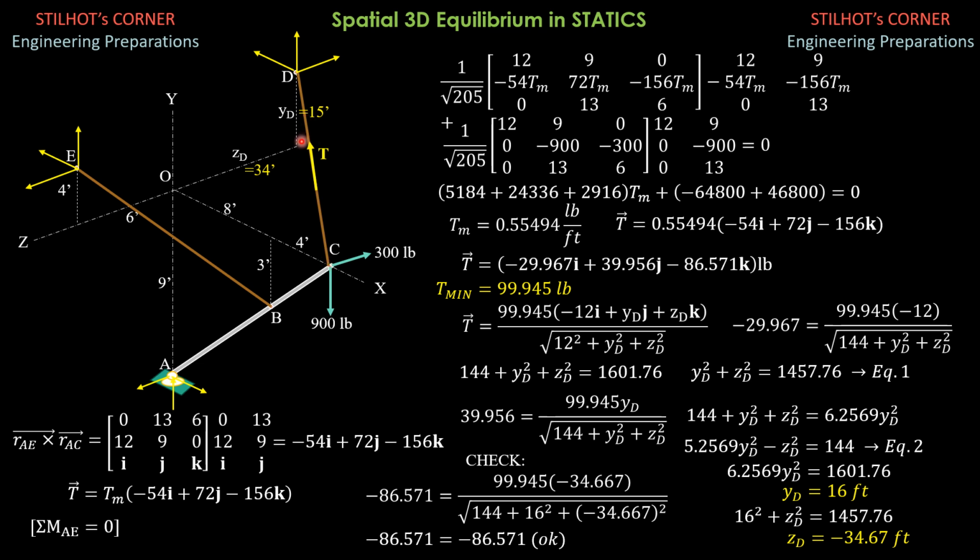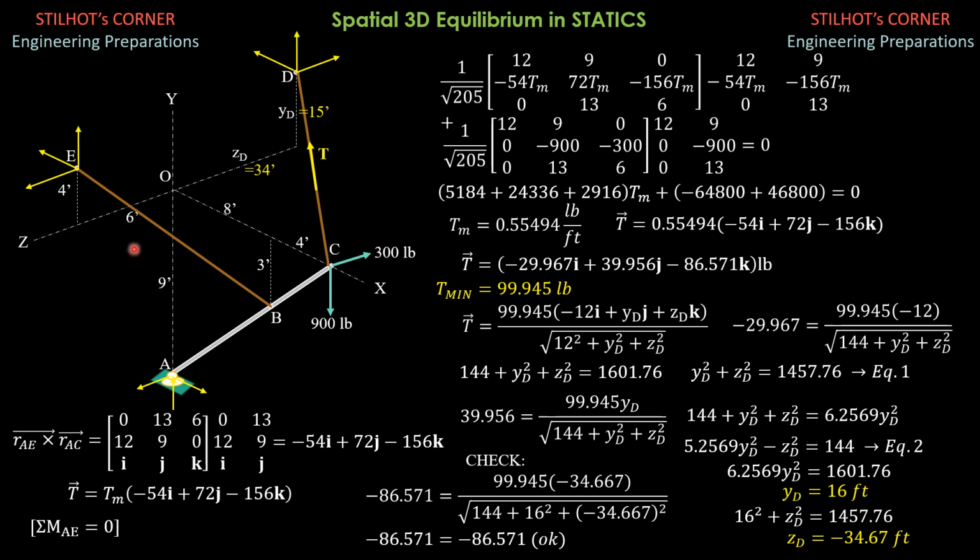So remember the principle that for this tension to be minimum, its direction should be perpendicular to the axis AE, so that the perpendicular distance is maximum and tension will be minimum for that case. So that's the idea. The direction of tension should be perpendicular to the axis of AE.